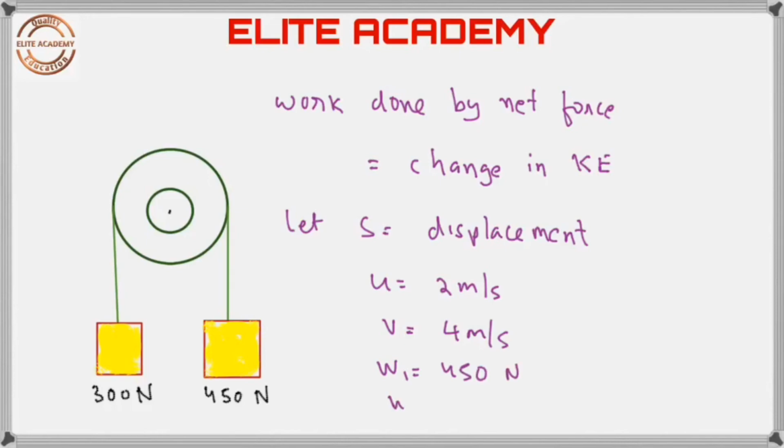W1 is equal to 450 newtons and W2 is equal to 300 newtons. Here 450 newtons comes down and 300 newtons goes in the upward direction.